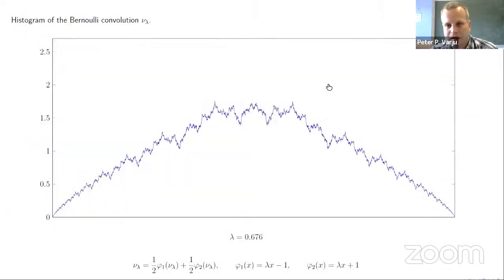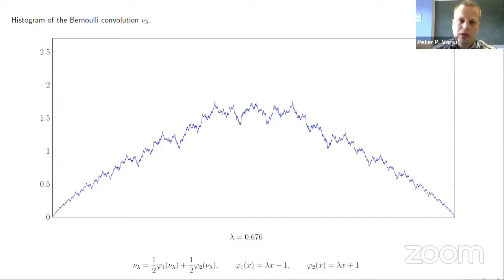So here is a histogram for a specific value of lambda, it is 0.676. There is nothing special about this number. I chose this just to have a nice picture. So the Bernoulli convolution is always supported on some interval. You can compute very easily what it is. And what I did was that I subdivided this interval into 4,000 equal pieces, very small subintervals.